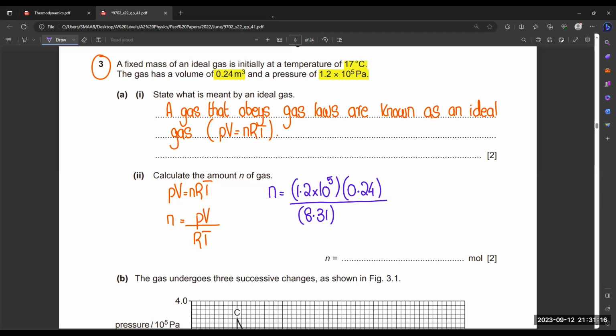multiply by the temperature. And temperature is given in Celsius. If you have to convert this temperature into Kelvin, you know that you have to add 273. So that will be equal to 290 Kelvin, right? Because for an ideal gas, we have to convert temperature from Celsius to Kelvin.